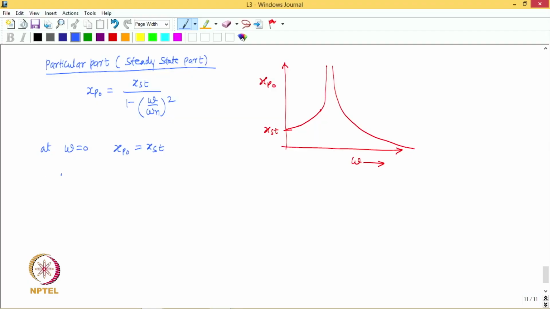At omega equal to omega n, what we see is XPO tending to infinity. Okay, it is infinite in fact. The steady state value of the amplitude will be infinite at omega equal to omega n.